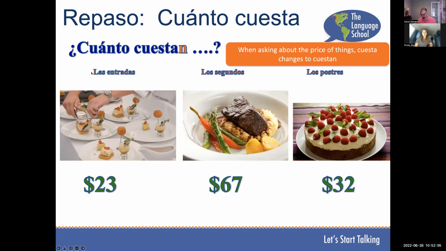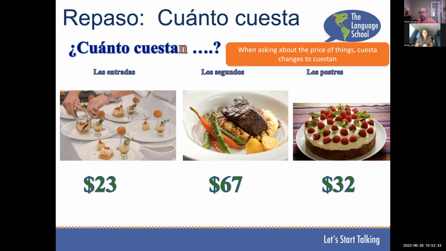Las entradas cuestan 23. ¿Cuánto cuestan los segundos? Los segundos cuestan 60. Muy bien. Y 7.